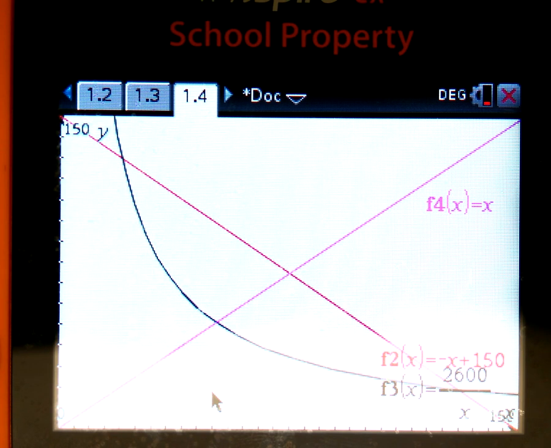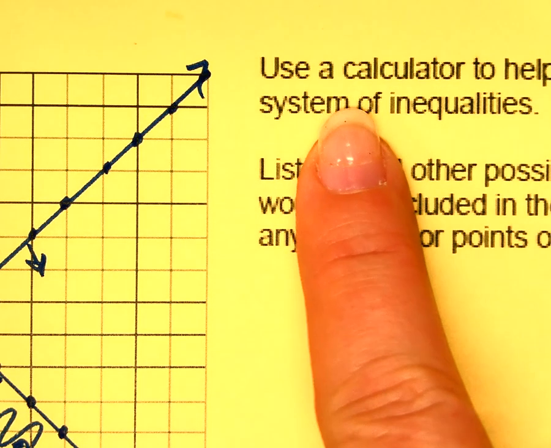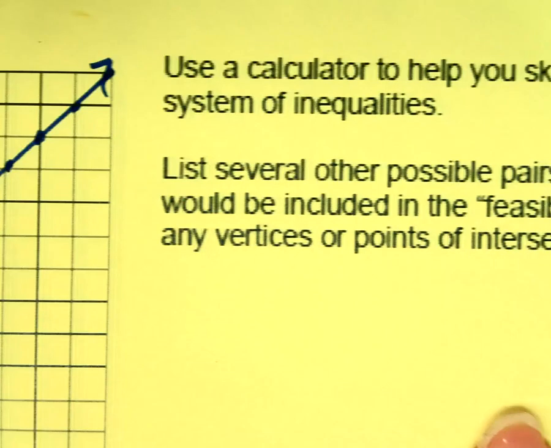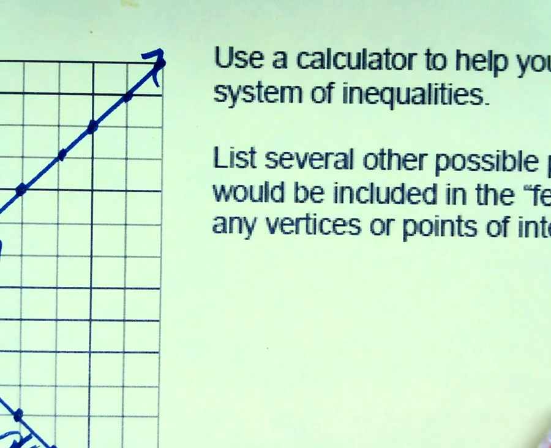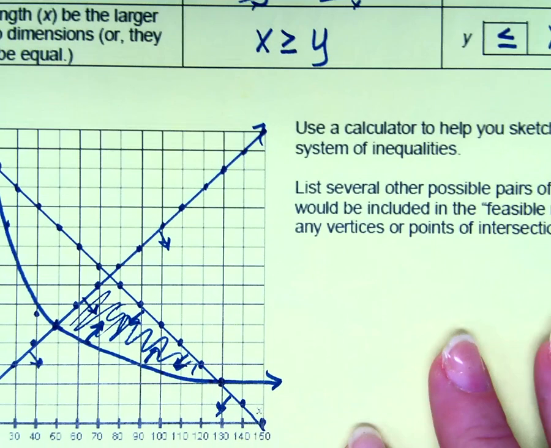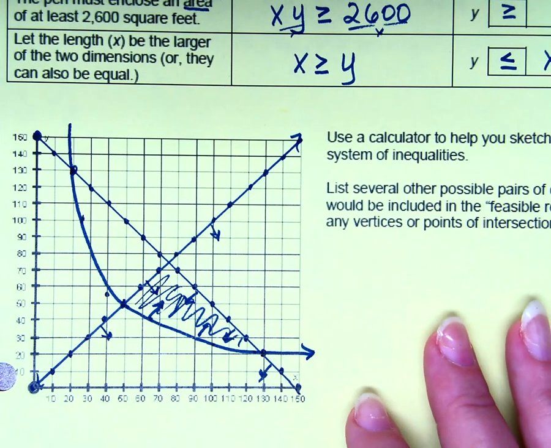Okay? So it does ask me to do that, by the way. It says use the calculator to help you to sketch the graph of the system of inequalities. I didn't need the calculator's help. I was using the calculator to help check my work. Do you see the difference?